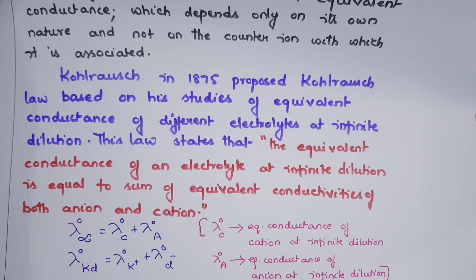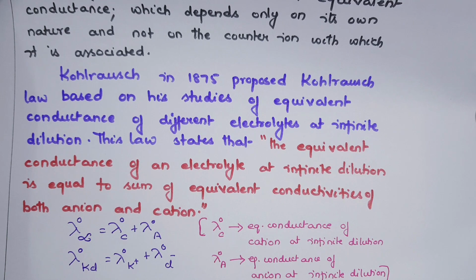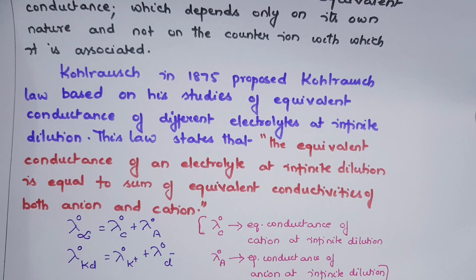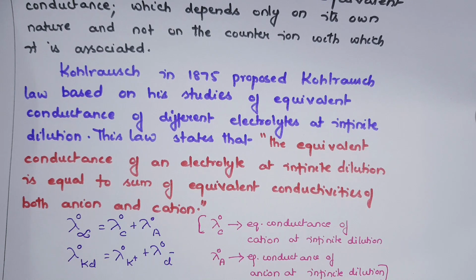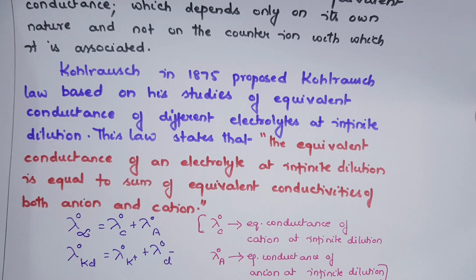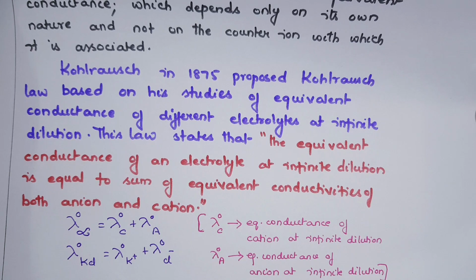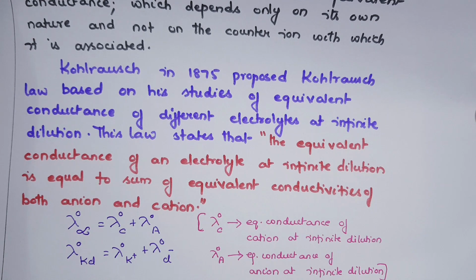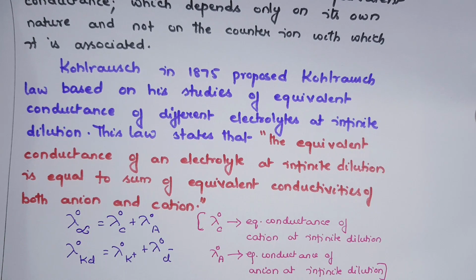Below I have written, see, lambda infinity is equal to lambda naught of C plus lambda naught of A. Lambda naught of C means equivalent conductance of cation at infinite dilution, and lambda naught of A means equivalent conductance of anion at infinite dilution.